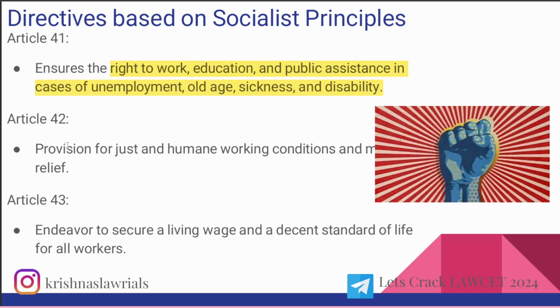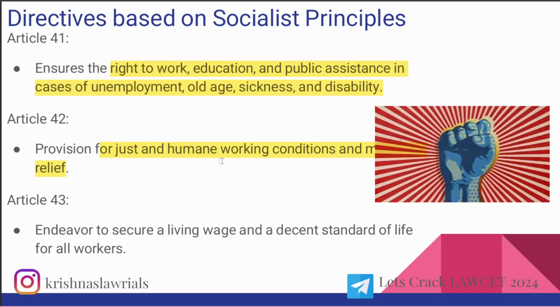Article 42 says provision for just and humane working conditions and maternity relief. So here they are saying under Article 42 that every person should have just and humane working conditions.